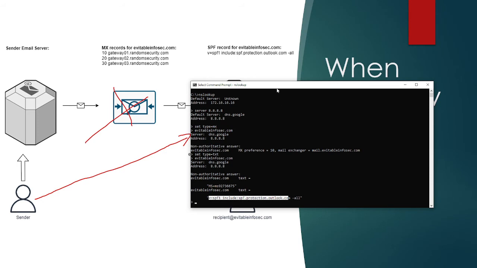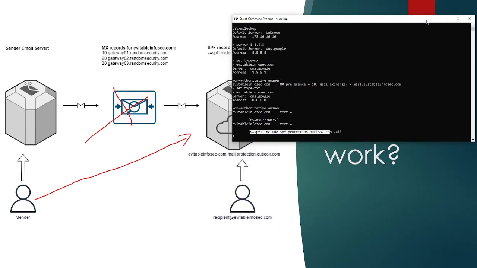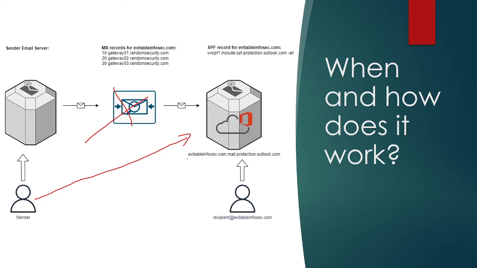And we know from previous experience that Microsoft uses a naming convention when it comes to their Outlook users. So we can infer from the information that we have that Evitable Infosec will use evitable-infosec-com.mail.protection.outlook.com. Let's see if we can connect to that right now directly.